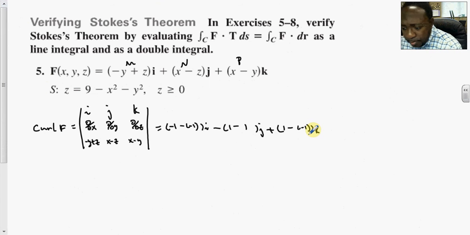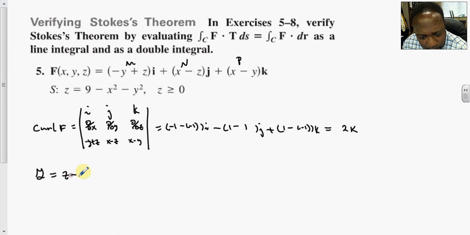So we clean this up. This is 0, and this is 0. So all we have left here is 2k. And we look at capital G, which is z minus g of x, y. So this is z minus 9 plus x squared plus y squared.